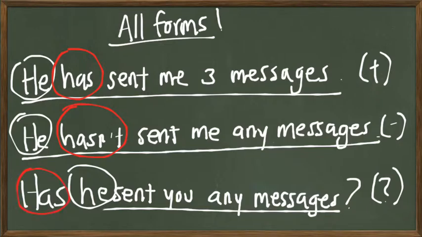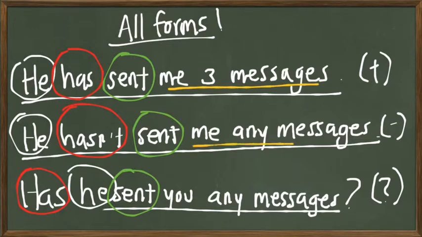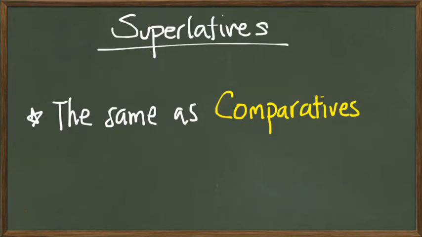And then we have the same verb in past participle. Sent, sent, sent. And well, the complement varies a little bit depending on the situation and the context. Don't forget to ask your teacher if you need more explanations.